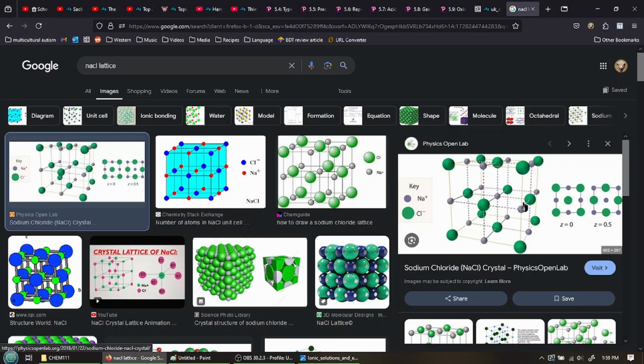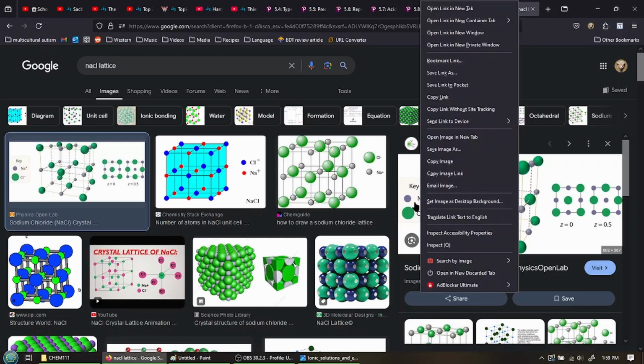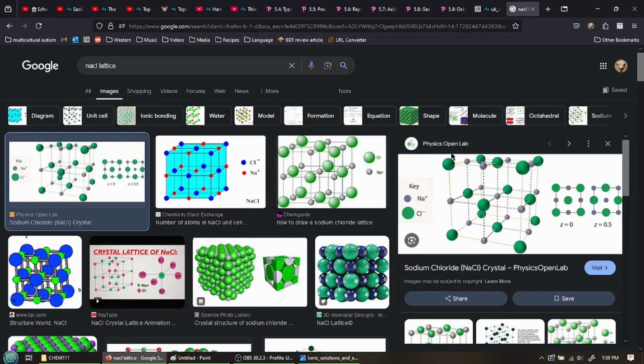So what I want us to remember is that each of these atoms at these sites are already charged. These sodium atoms have already given up 1 electron each and formed Na plus cations. By contrast, these chloride anions have already gained an electron from the sodiums, and so they're already negatively charged.